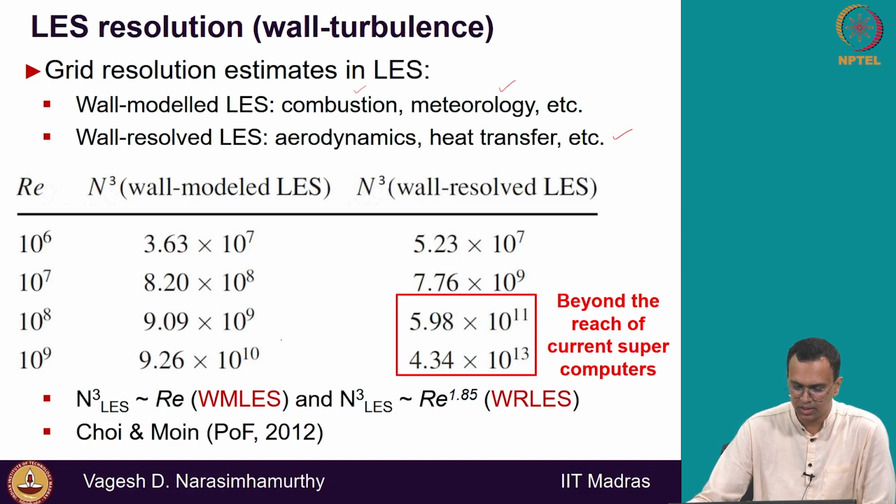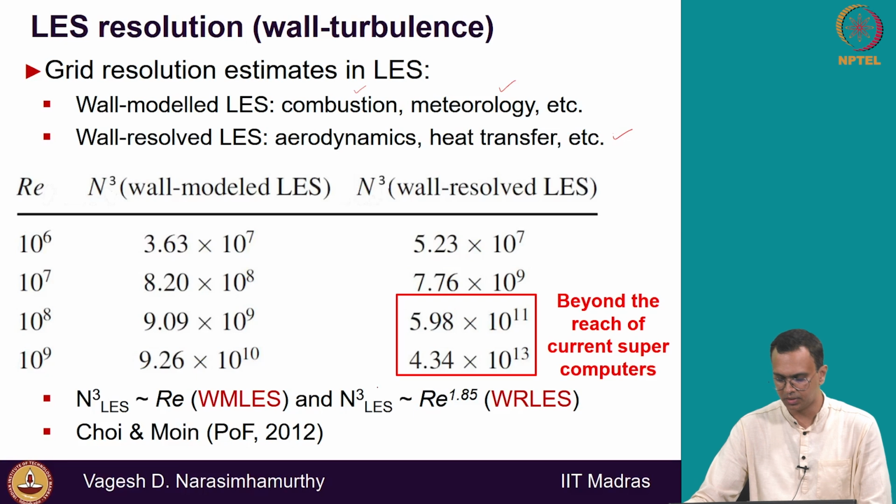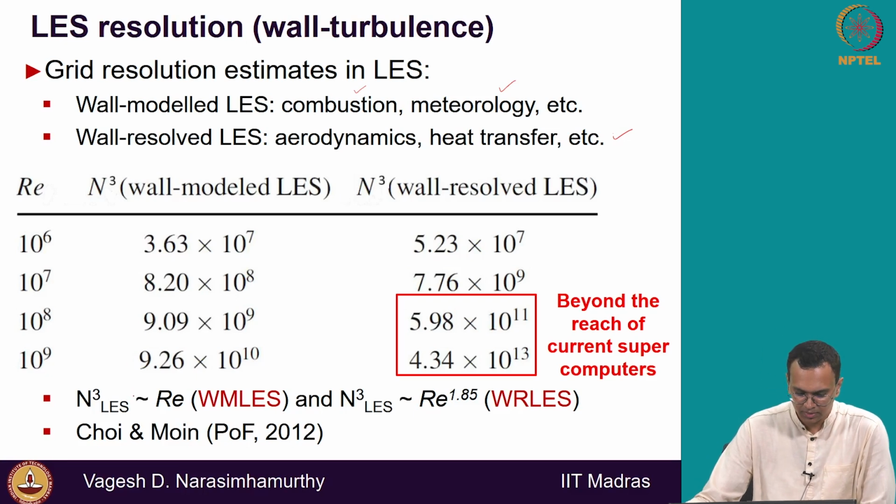So wall modeled LES is the solution wherever you can afford such a flow. Otherwise you have to live with wall resolved LES. But this is something you can use. The rough estimates: N LES for wall modeling is scaling like Reynolds number, N LES for wall resolved is Re raised to 1.85.